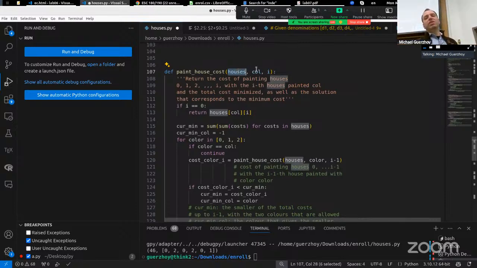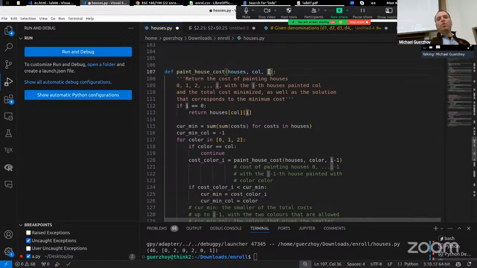I'm going to give it the color, and I want to give it I, and I want to return, given that I'm painting house I with this color, the total cost of painting everything starting from the extreme left up to house I, with house I being painted COL. That's the job of this function. Make sense?